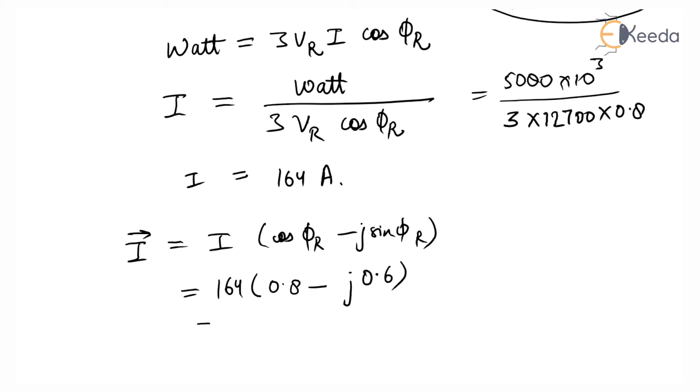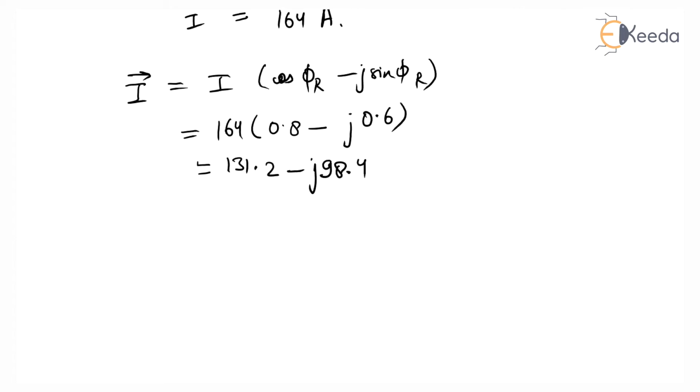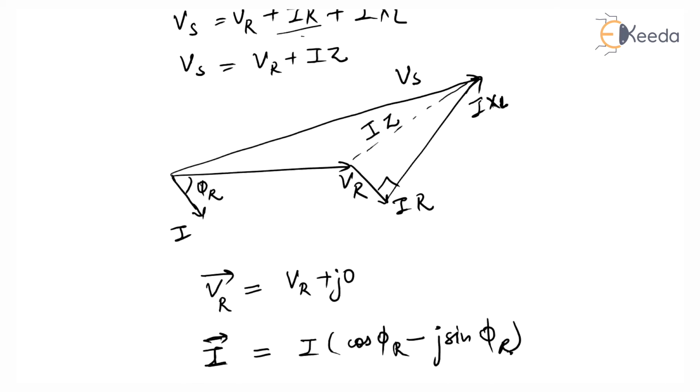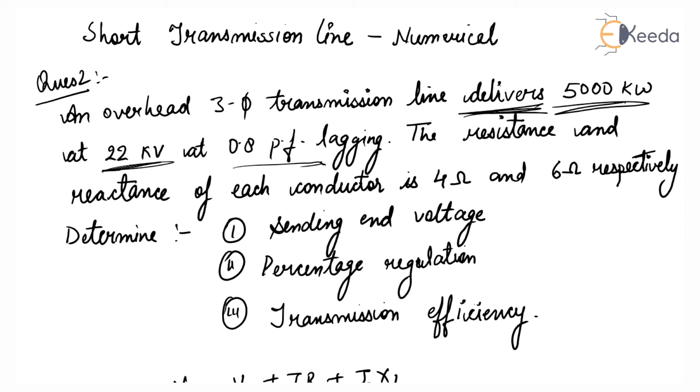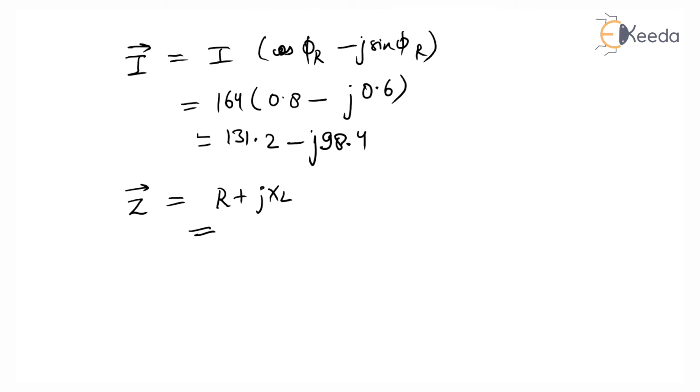So this is equal to 131.2 minus j98.4. Now we need to find Z. Vector Z is equal to R plus jXL, where R and XL are given. The resistance and reactance of each conductor is 4 ohm and 6 ohm. So Z is 4 plus j6.